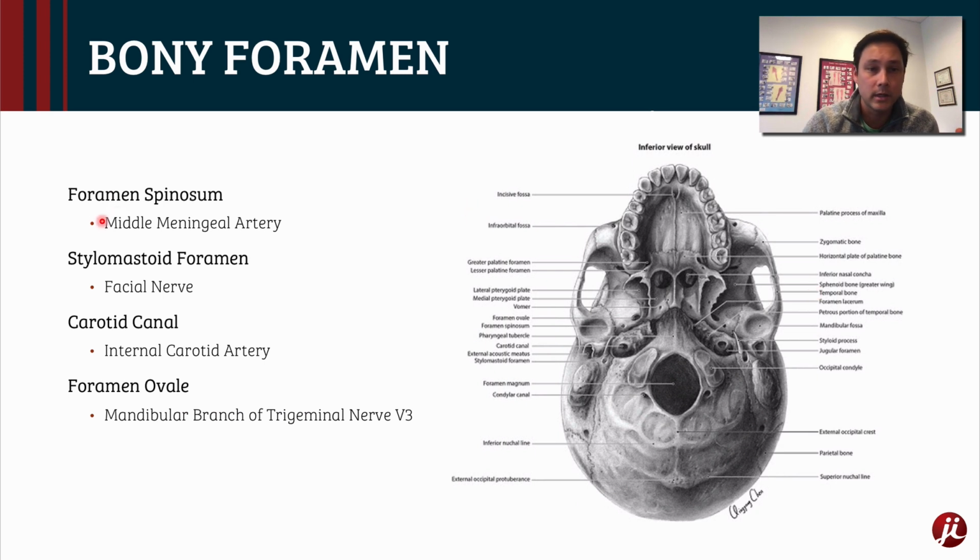So the middle meningeal artery, which is an artery that comes off of the maxillary, going through the infratemporal fossa and up through the foramen spinosum. So your foramen spinosum is this round circular foramen right here.